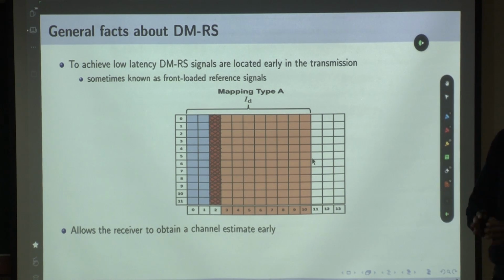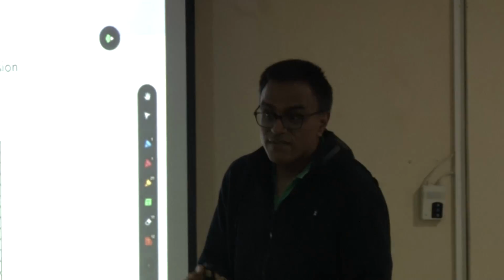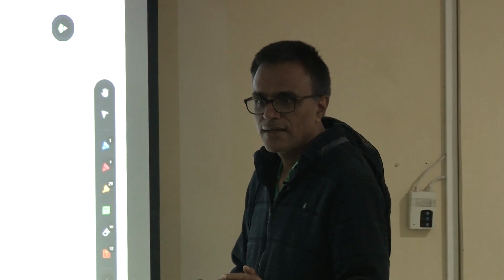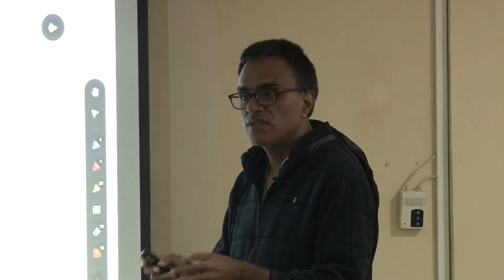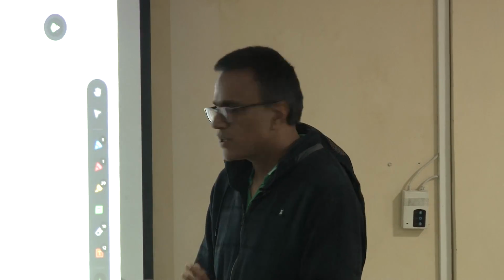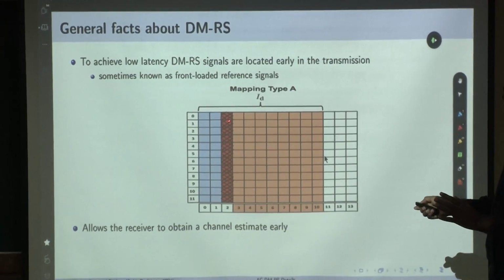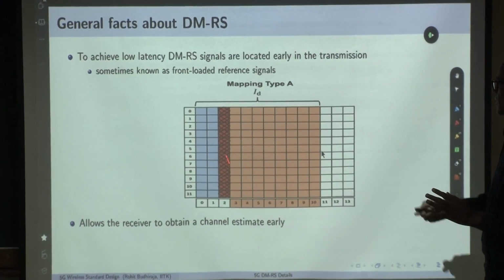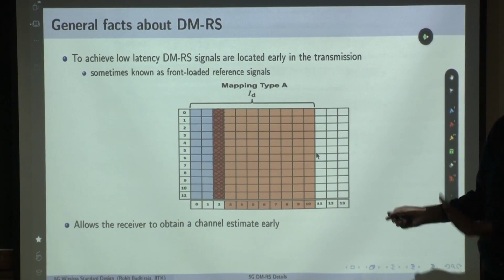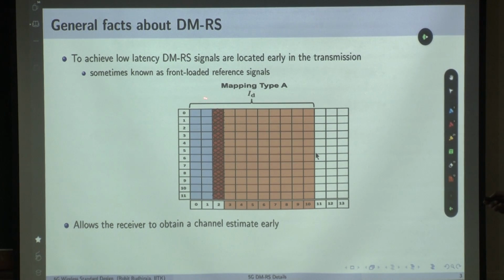The way this CORESET was defined, it had its own reference signals, and the UE uses those reference signals to decode its DCI. So this is independent. The design of this is separate. Of course it has everything to do with what comes later, but the design of this is completely independent from this. That's the aspect one has to keep in mind.